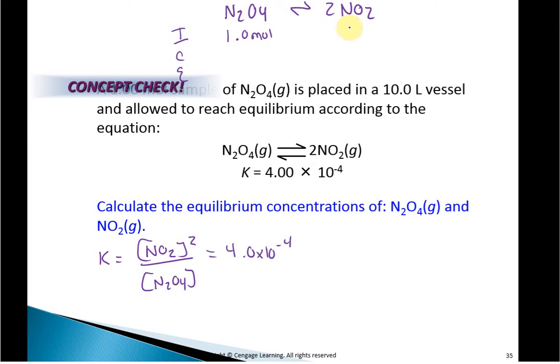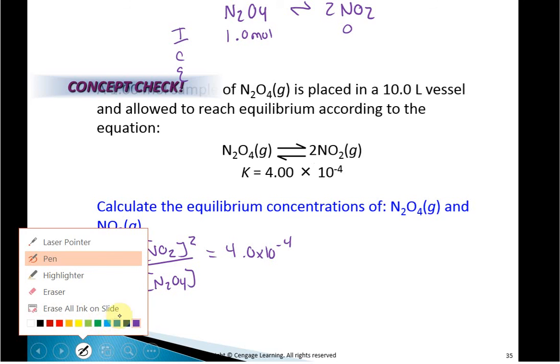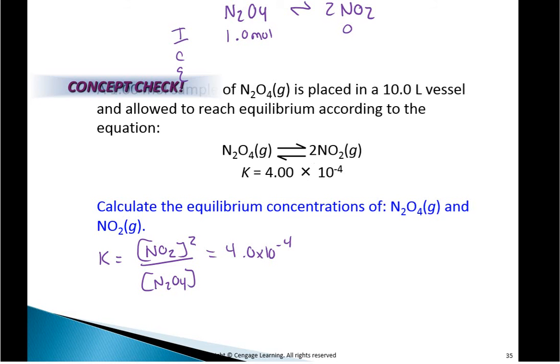And initially you have zero product. Now we have to go through some change. And even without going too far, we know that whatever we lose over here, we're going to create 2 of them over here, 1-to-2 ratio.